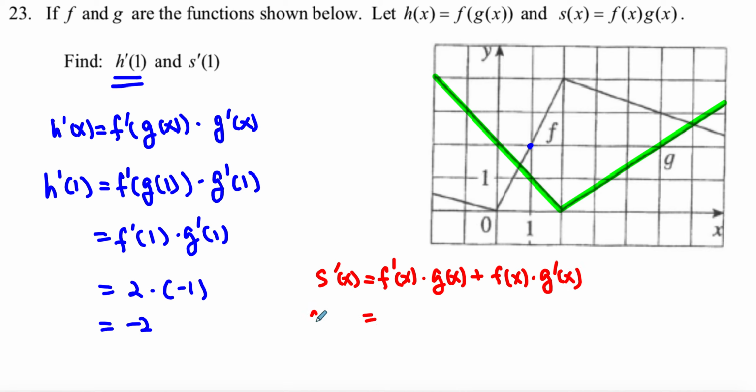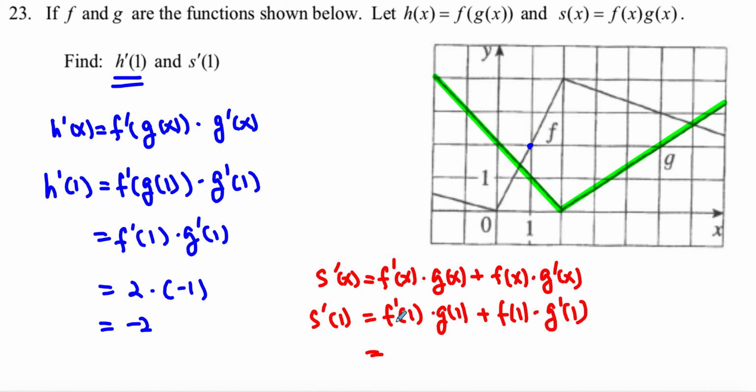Then we just have to plug it in. s prime of 1 is equal to f prime of 1 times g of 1 plus f of 1 times g prime of 1.